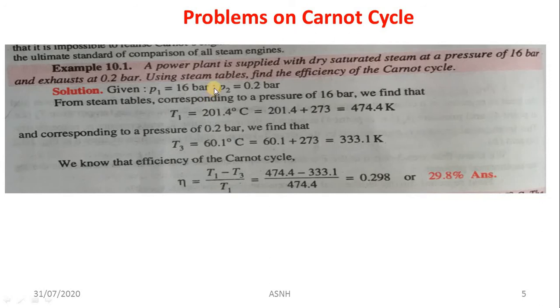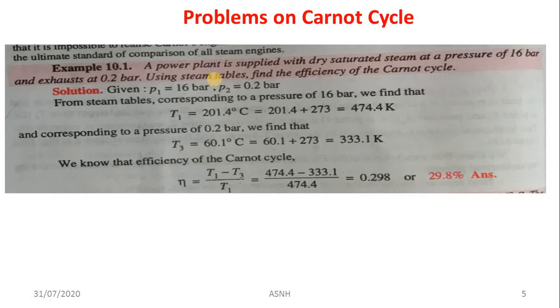The meaning is, whatever boiler is used in that power plant generates a pressure of around 16 bar, and after the expansion process in the turbine, when it is exhausted, the pressure is around 0.2 bar. So we have to calculate the Carnot efficiency with the help of the steam table.